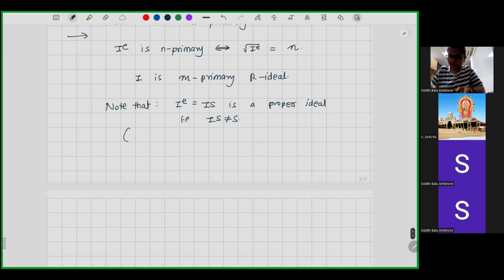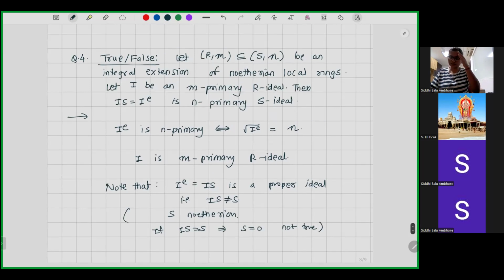So this is true because if IS is equal to S, then since R, S are Noetherian, if IS equals S, we don't need Noetherian, is it? This implies S is 0, which is not true. We are working with non-zero rings.